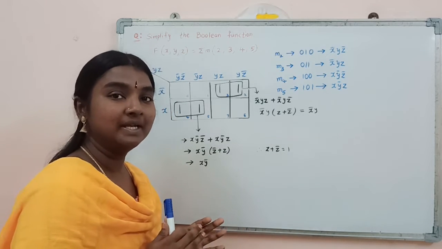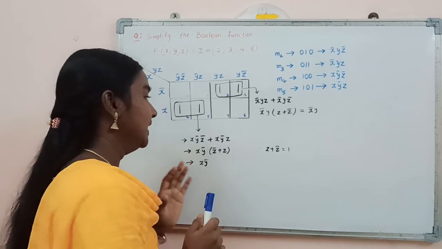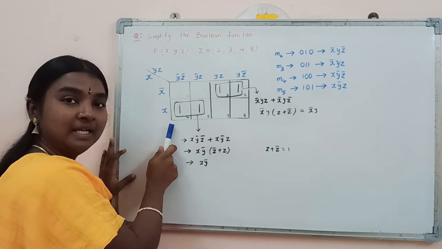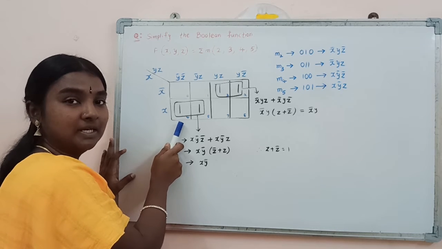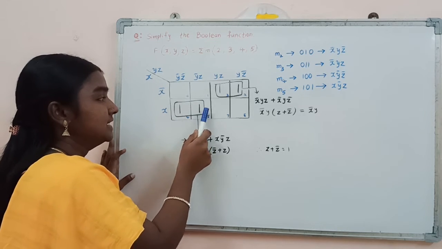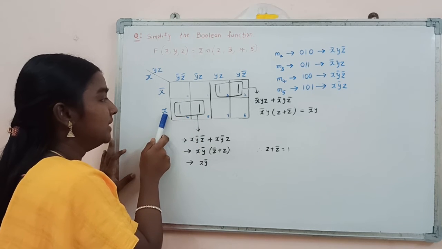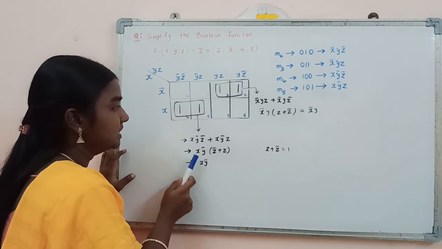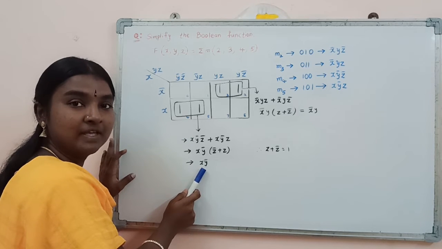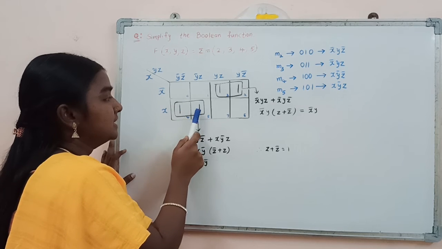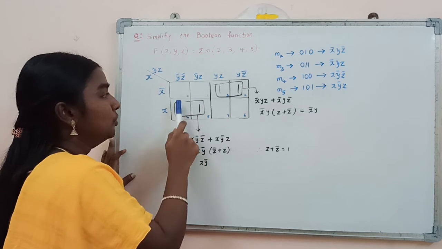When we are combining adjacent ones, we need to observe the common variables. Directly, we may write the product term by observing the adjacent ones. If we see this group, the x variable is common, so in this product term, definitely the x variable will be present. And coming to these two ones, we need to observe two columns.